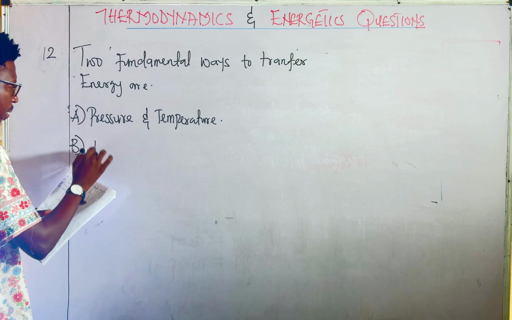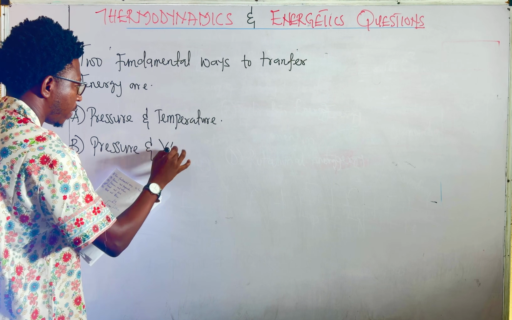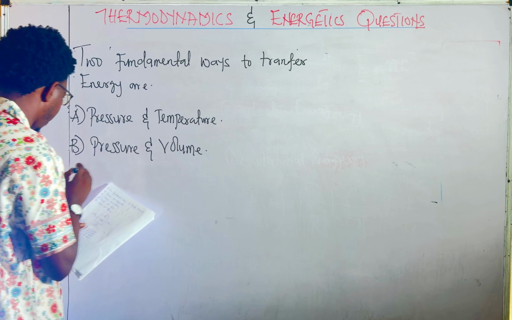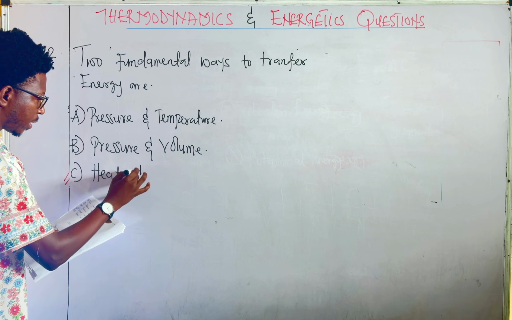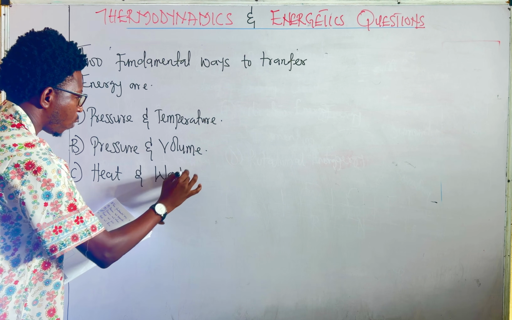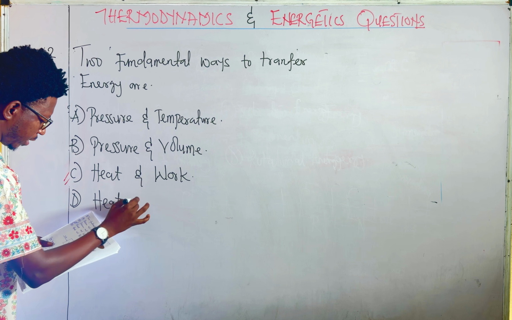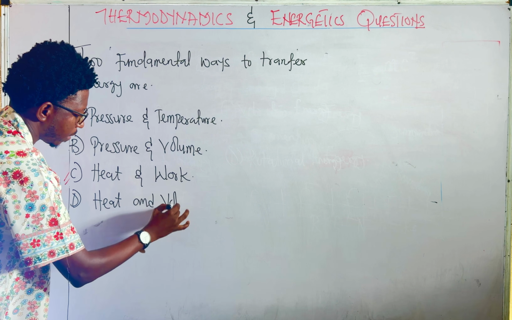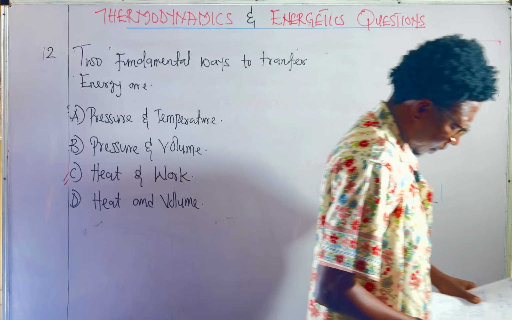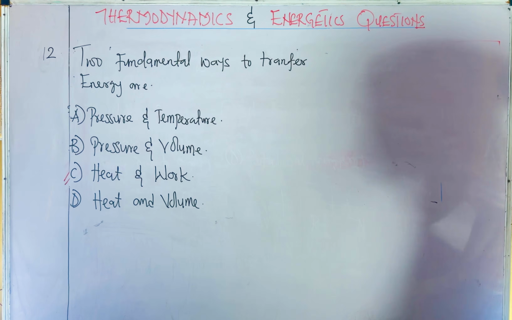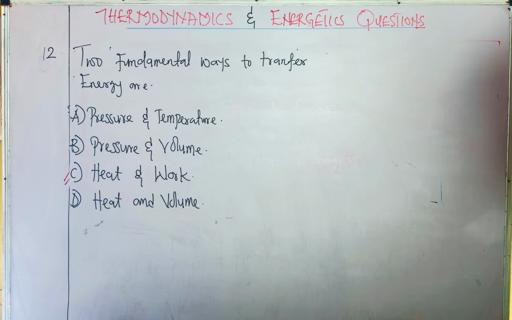Option B, pressure and volume. Option C, heat and work. Option D, heat and volume. So we have that question on the board.